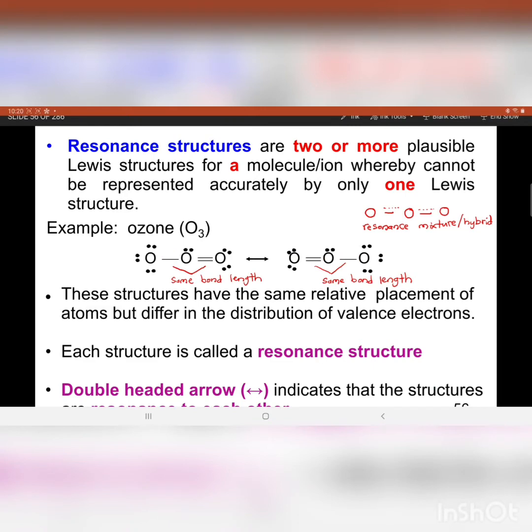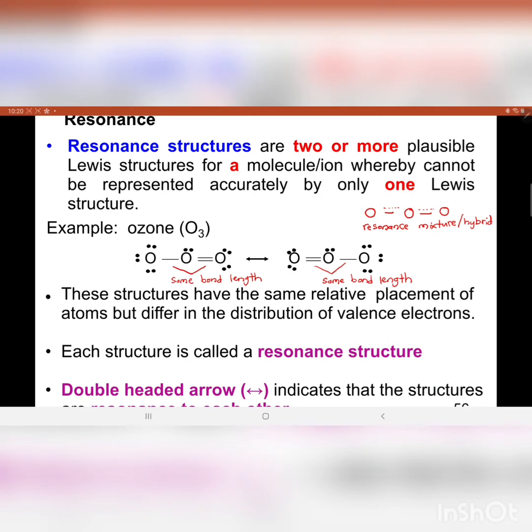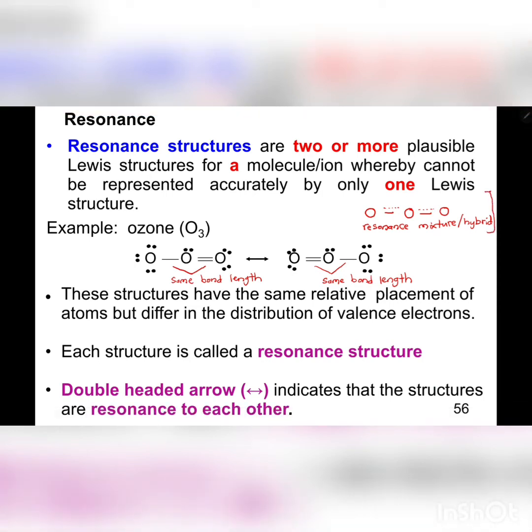Since the oxygen bond in this molecule is not fixed, and the electrons can delocalize between these three oxygen atoms, and the bond length is identical for both the double bond and the single bond, the actual structure of O3 is the resonance mixture or resonance hybrid, and we can draw it like this.